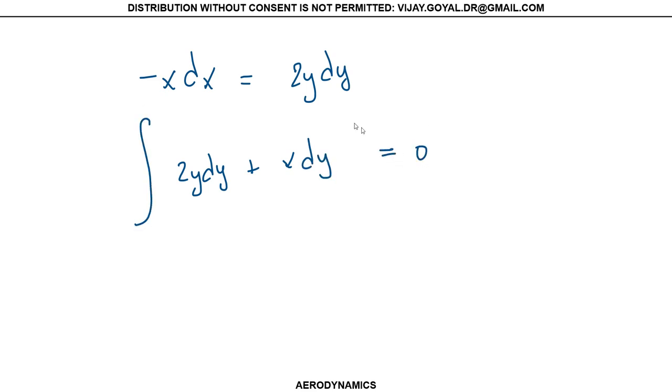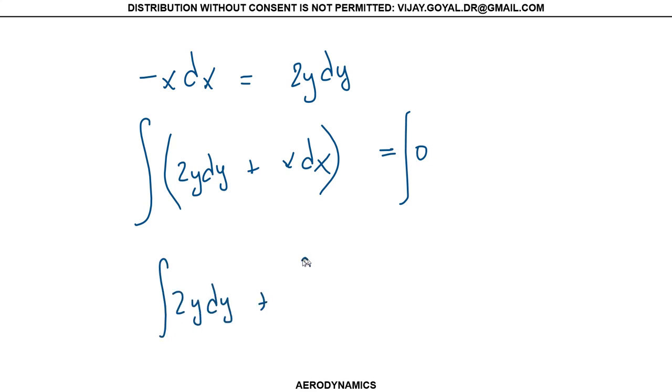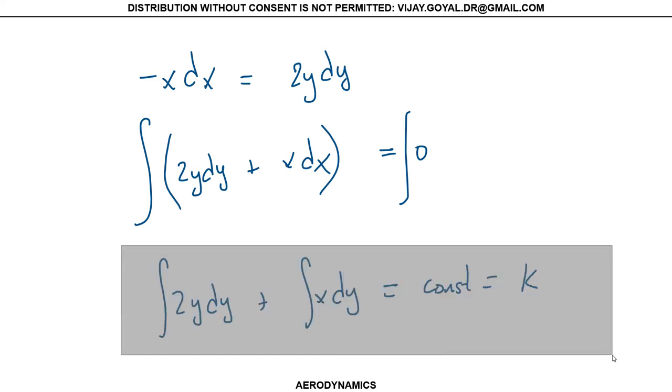I can integrate on both sides, and I can show that this is the same as taking the integral of 2y dy plus the integral of x dx, which is equal to a constant, and we will call that constant k for the time being. Let me write this equation again on the next page.